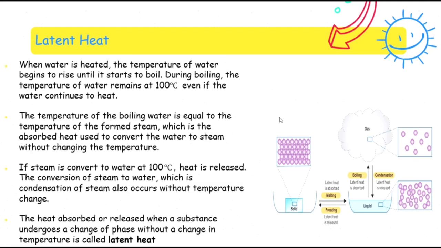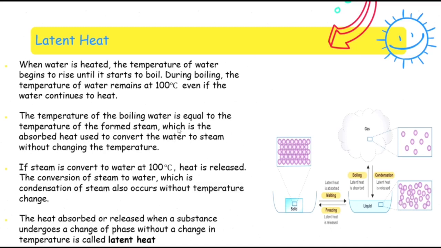Latent heat. When water is heated, the temperature of water begins to rise until it starts to boil. During boiling, the temperature of water remains at 100 Celsius, even if the water continues to be heated. The temperature of the boiling water is equal to the temperature of the steam, which means the absorbed heat is used to convert the water to steam without changing the temperature.